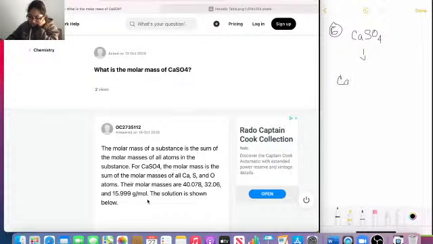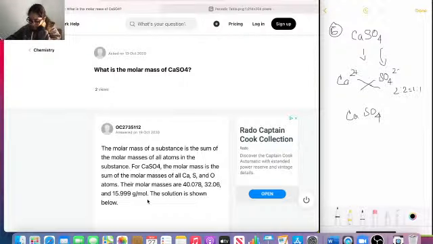Calcium is from group 2, and they all have 2 electrons in their final orbital, so calcium has a charge of 2+, and sulfate has a charge of 2-. When you are trying to figure out the chemical formula, you just crisscross. And so what you have here is CaSO4, since the ratio is 1 to 1.